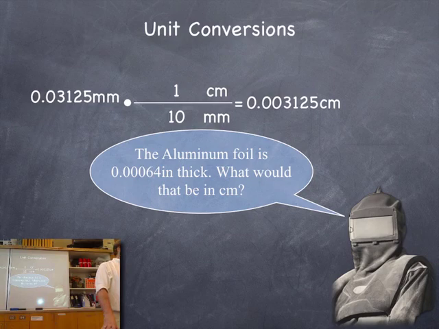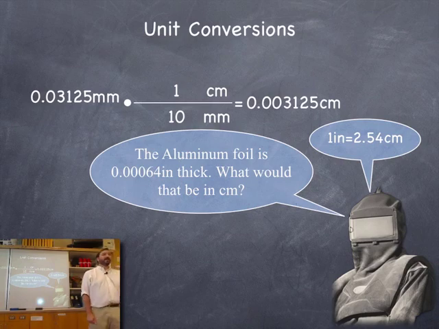What piece of information do we need to know to do that conversion? We need the ratio of inches to centimeters. That turns out to be a defined value. The length of an inch is currently defined as a certain number of centimeters. Does anybody know what it is? 2.54 exactly. 1 inch is 2.54 centimeters.